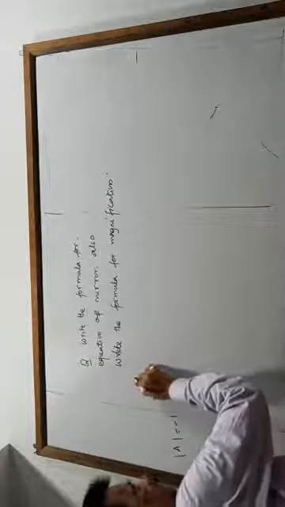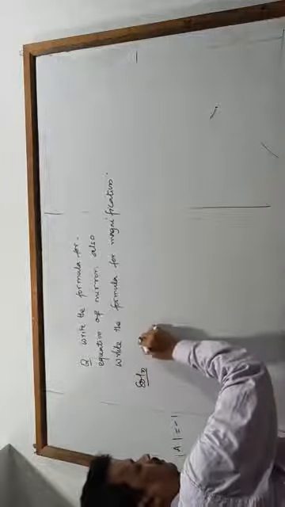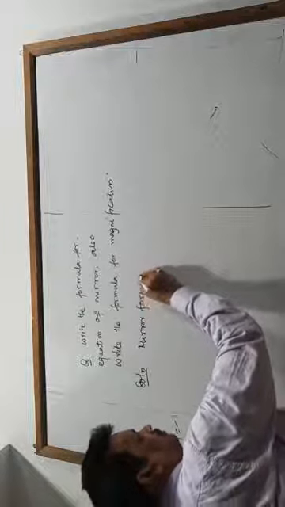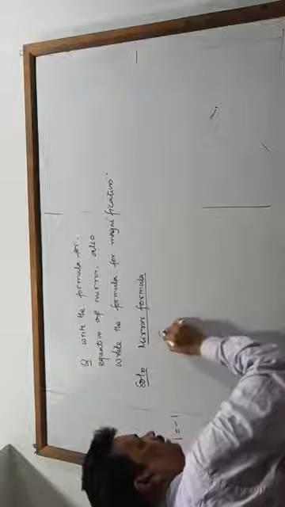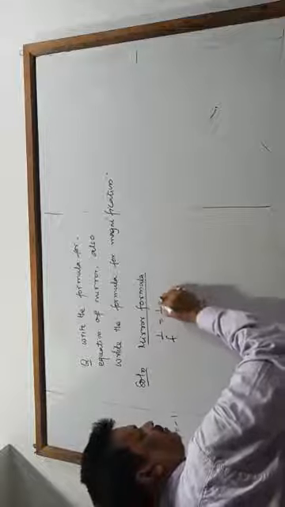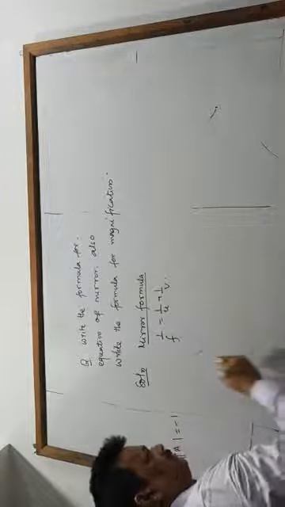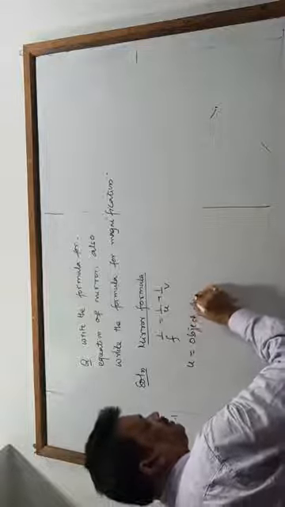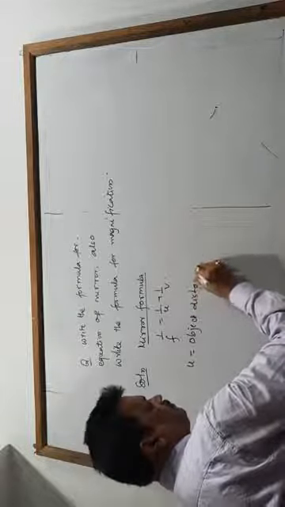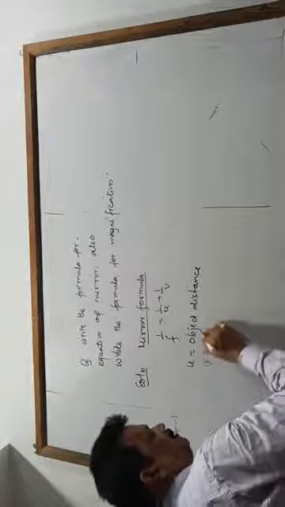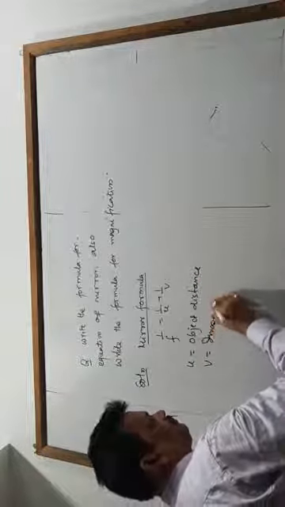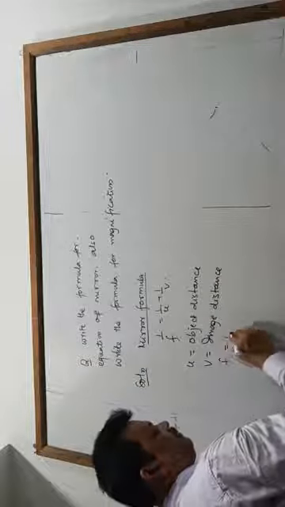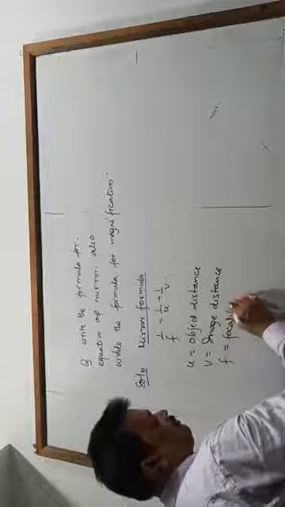So mirror formula, 1 by F equals 1 by U plus 1 by V. What is U? Object distance. V, image distance. F, focal length.